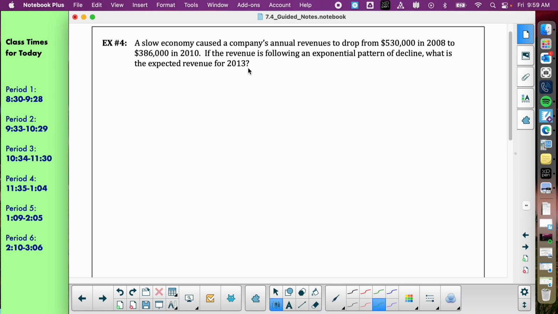A slow economy caused the company's annual revenues to drop from 530,000 in 2008 to 386,000 in 2010. If the revenue is following an exponential pattern of decline, this is the key wording to say y equals ce to the kt. Exponential growth or exponential decay, decline.